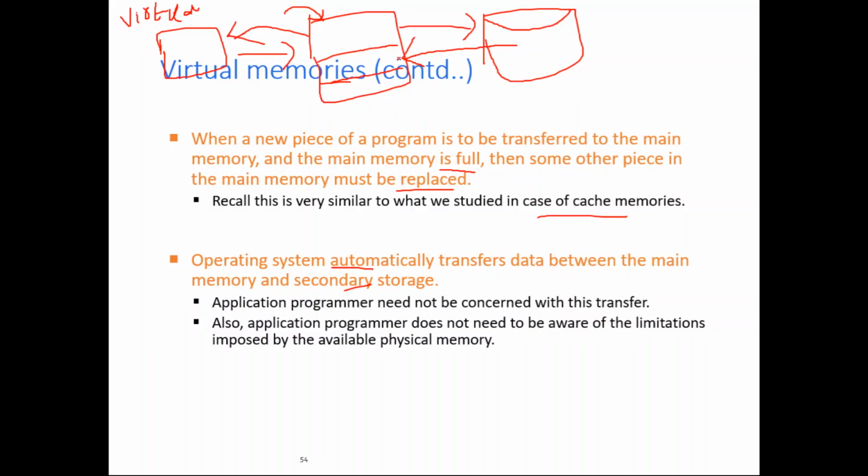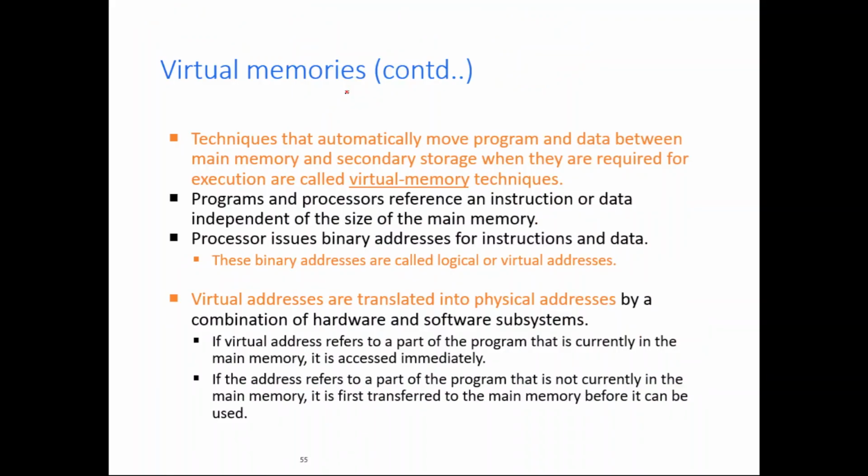Again, when it is brought from the disk to the main memory, if there is sufficient space in the main memory, the new page will be accommodated there. Otherwise, again swapping will happen. That is, replacement will happen. One of the pages from the main memory should be replaced to the disk, and the new page will be brought in. Okay, fine.